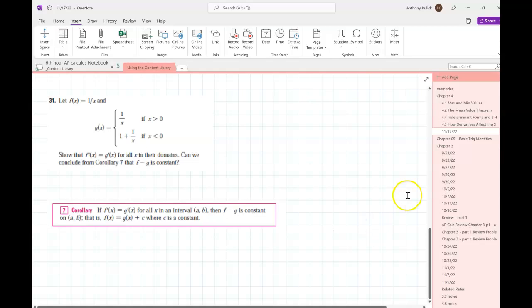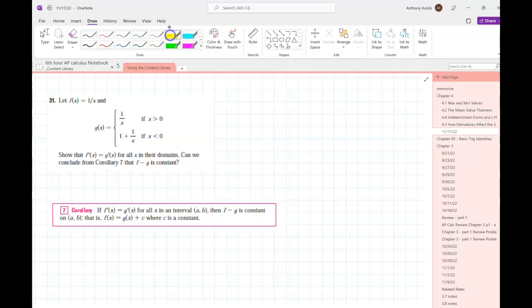Okay, so I see this is not going to work, or corollary 7 does not apply, and I see why. The key here is this interval ab. But we have for all x in their domains. What's their domain going to be?